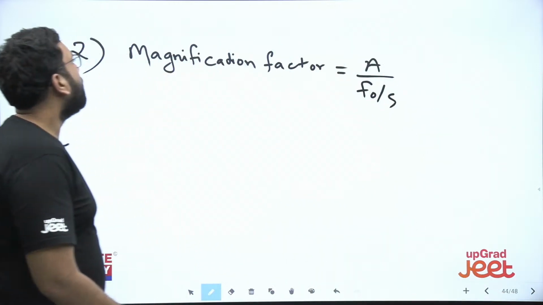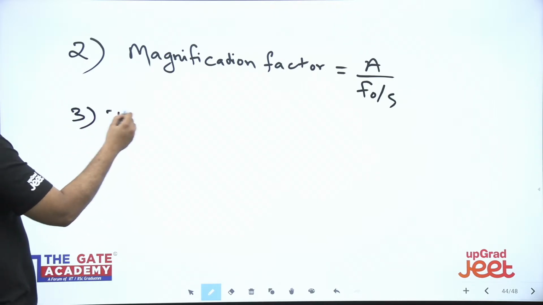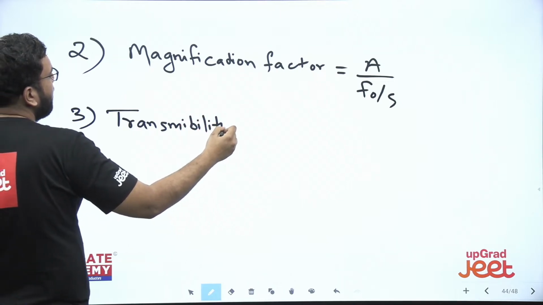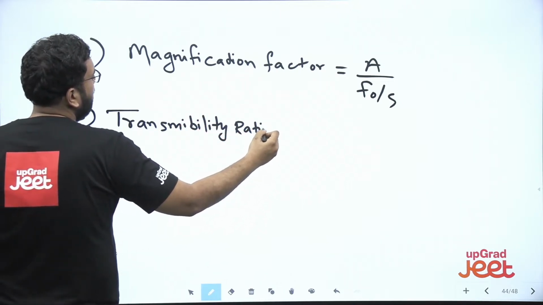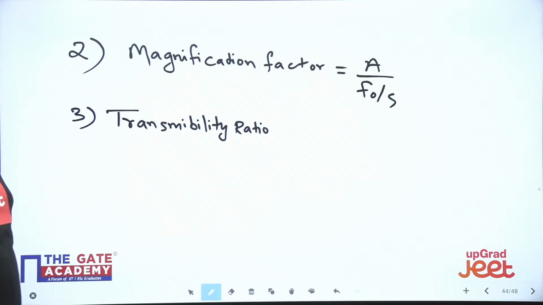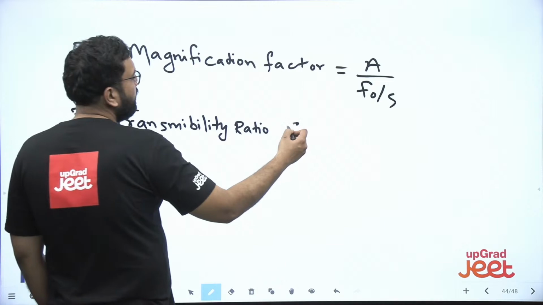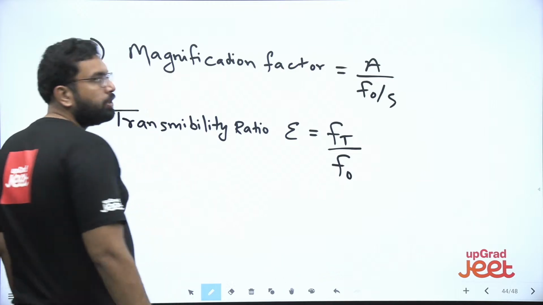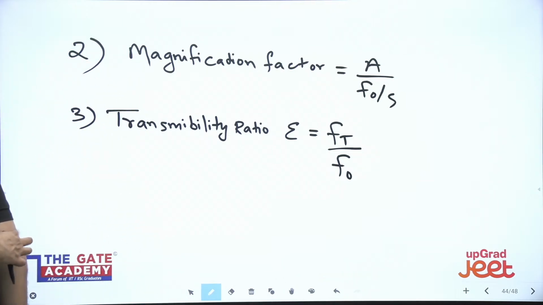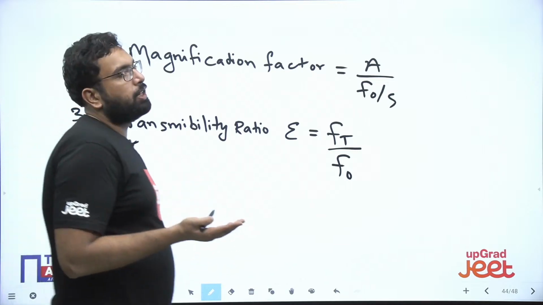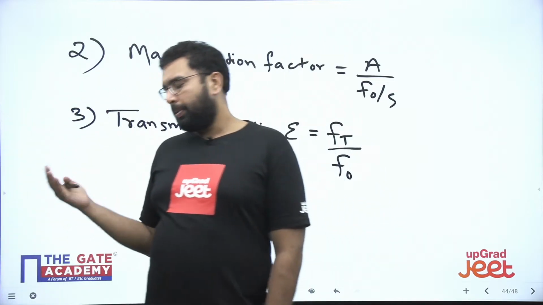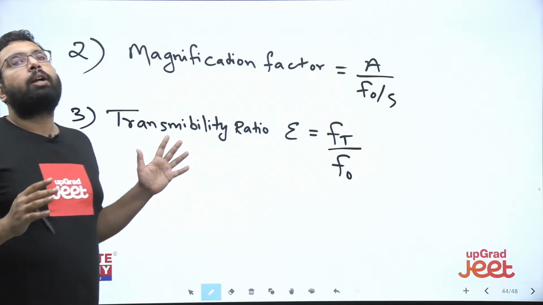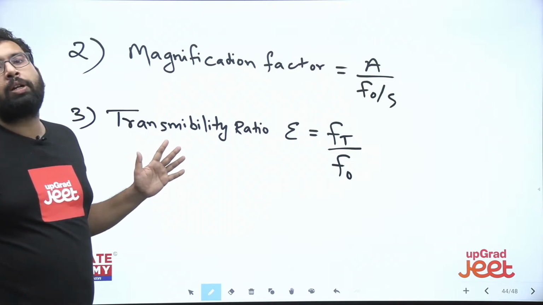And the third important formula is transmissibility ratio. There is also a graph of transmissibility ratio that you must understand. Numerically, these are the three formulas. Transmissibility ratio is the ratio of transmitted force to the original force. It gives you insight into vibration isolation: how much of the vibration is transmitted to the ground, what part of the force generated due to vibration reaches the ground.